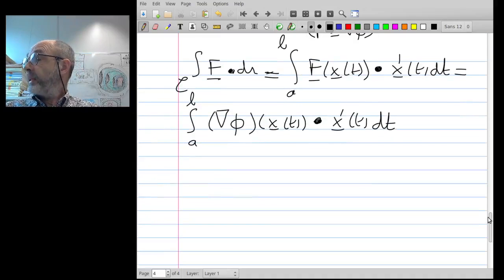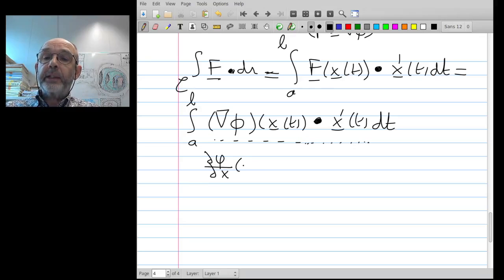Now, I think we can calculate this inner product, and we can find the primitive function of it, because what is there is the partial derivative of phi with respect to x in the point where you are, times the first component of the velocity vector.